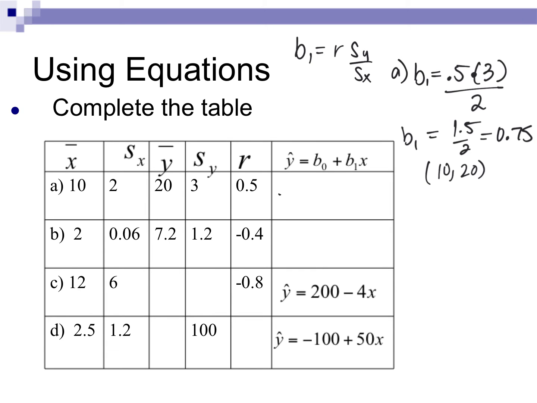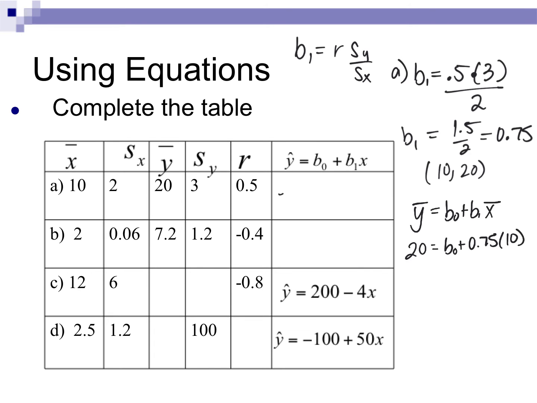So I'm going to plug in the mean of y. I'm actually going to do y bar equals b naught plus b1 times x bar, which is 20. Equals b naught plus 0.75 times 10, the mean of x, right?